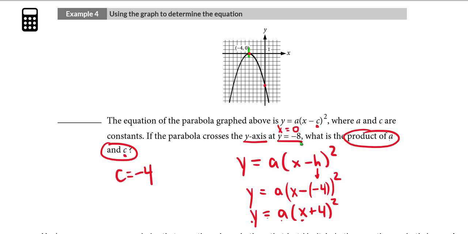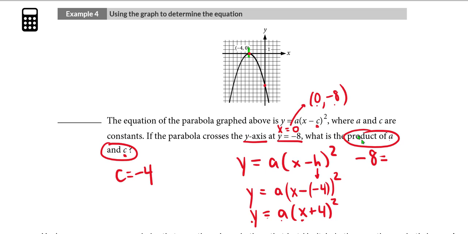That's what a y-intercept is. It is the value of y when x equals 0. So when they tell us that a parabola crosses the y-axis at y equals negative 8, they actually are in effect telling us that the point (0, negative 8) is on this parabola, which means x equals 0 and y equals negative 8 must satisfy the equation of the parabola, which also means we can now do this.